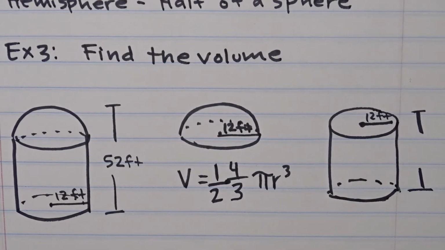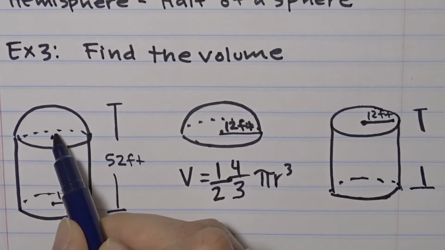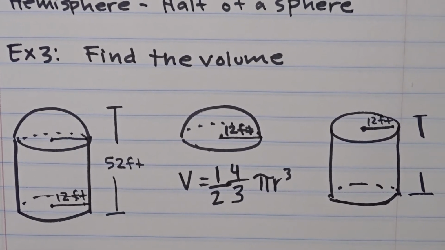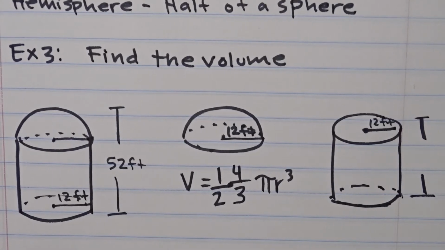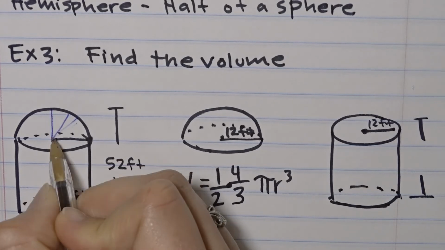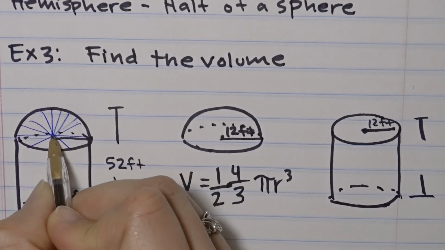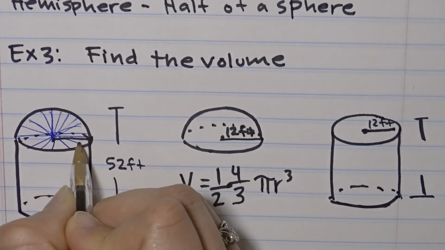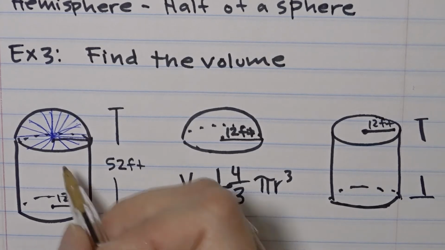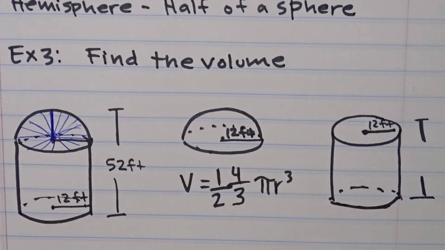Now, on a sphere, the distance from the center to any point is the same in all directions. So with that said, that means this radius is the same at every single point on the sphere. Okay, all of these radii are the same. So I'm going to focus on the radius that goes from the center straight up. That's also 12.